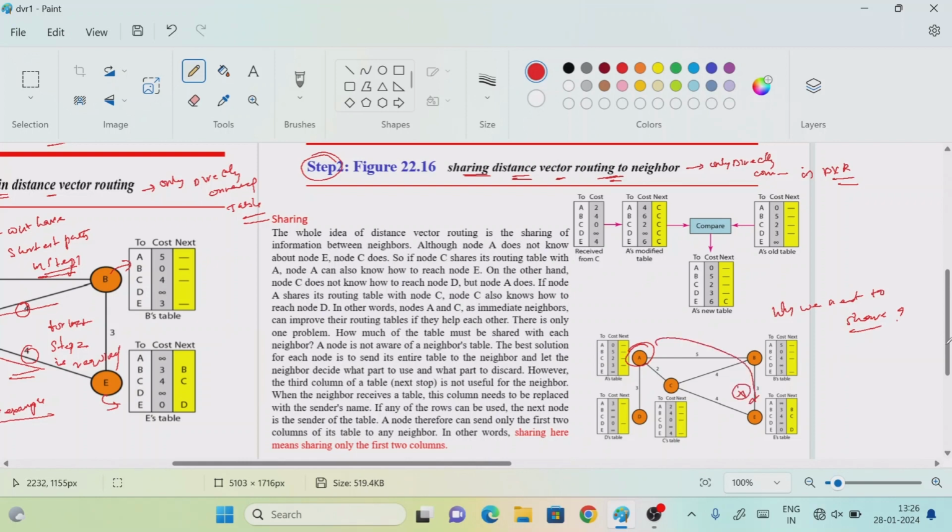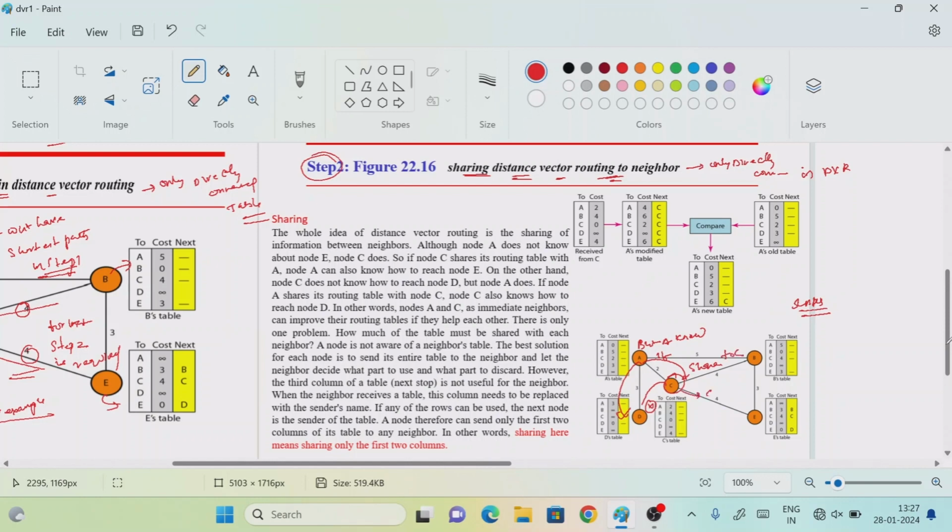But C knows how to reach E. If C updates its routing table to A, then A can learn. Similarly, C doesn't know how to go to D, but A knows how to go to D because it is directly connected. If A shares its routing table with C, then C gets the update, so C knows how to go to D.